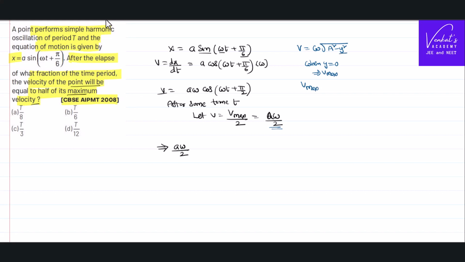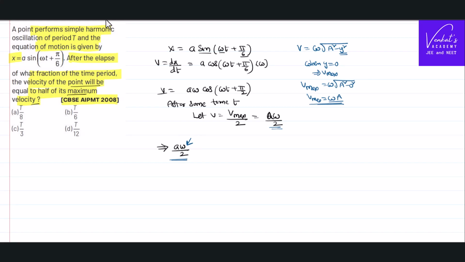So v maximum equals omega into root of a square minus 0 square. Omega into root of a square is omega a. So v maximum is omega a. That's what I have written. But it was given in the problem that it is half the v maximum.